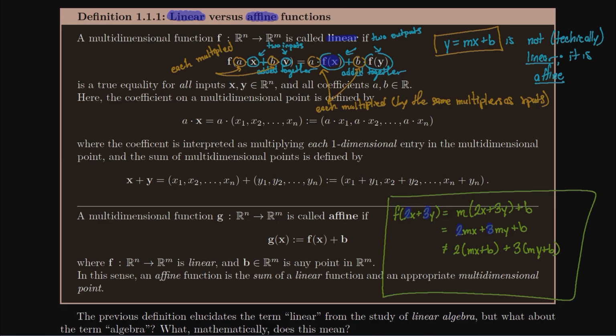Right? What I would need, this entire f of x on the right-hand side, or this entire f of y on the right-hand side, would just be mx plus b or my plus b here. Well, because of the way that maybe the 2 would distribute to b, or the 3 would distribute to b, that's not 5b there. This is not 5b. And so the b is what's getting in the way. It's this action of the multipliers not interacting with b. So I'll just say notice multipliers 2 and 3 don't interact with b.